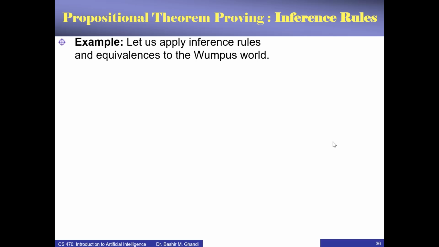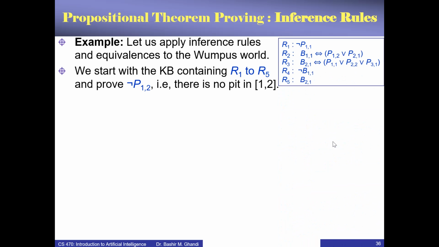Example. Now let us apply our inference rules and equivalences to the Wumpus world. Going back to the Wumpus world to make sure what we have just explained is clear. We start with a knowledge base containing our sentences R1 to R5, which we discussed before.